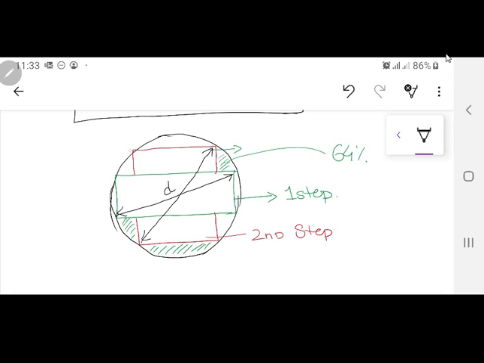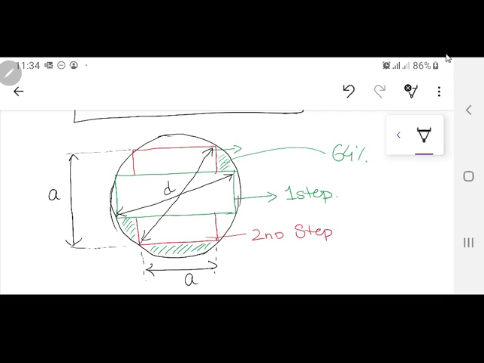Now, if I call this distance A, and I call this distance B, it has to be the same. This is also equal to A. Okay? This is also equal to A.